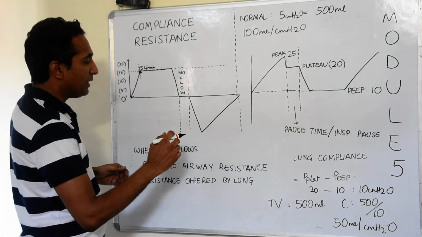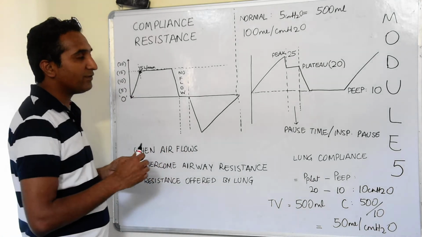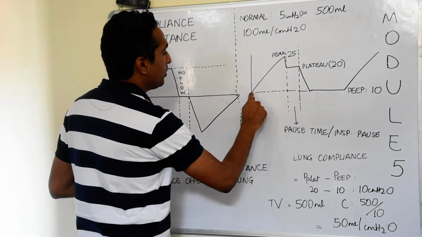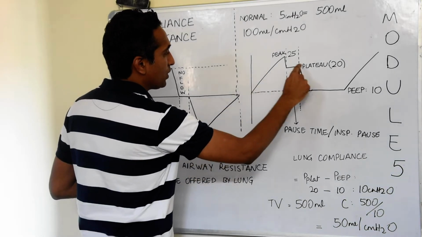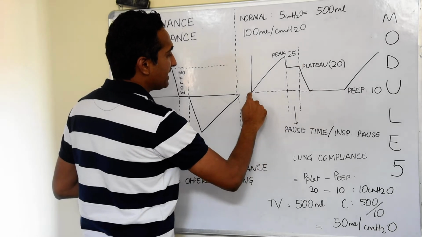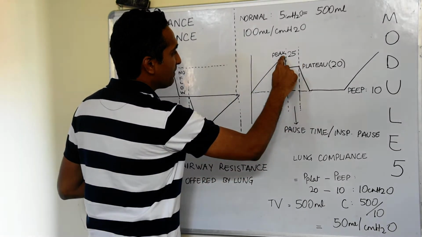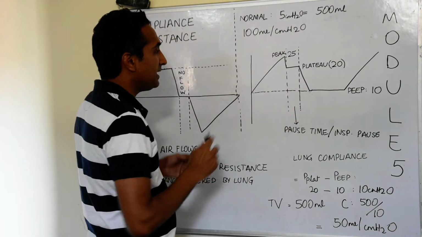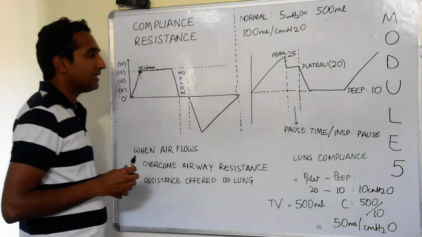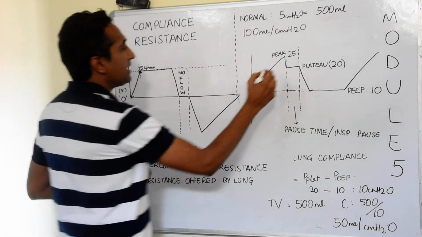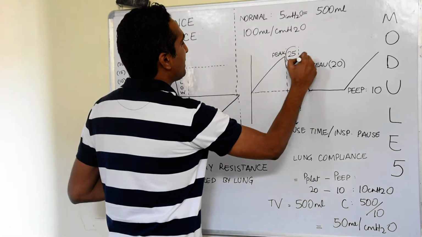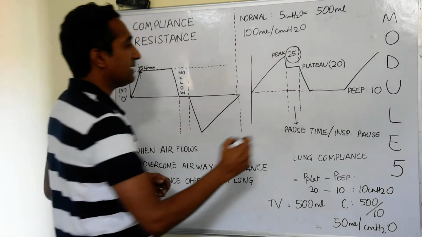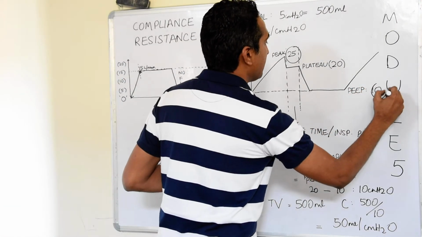Now, if we look at the pattern of flow in a volume control mode, we note that the flow goes in a square wave pattern and the pressure peaks, reaches a particular value and falls to the PEEP levels. Suppose the peak pressure achieved is 25 and the PEEP that we have set is 10.